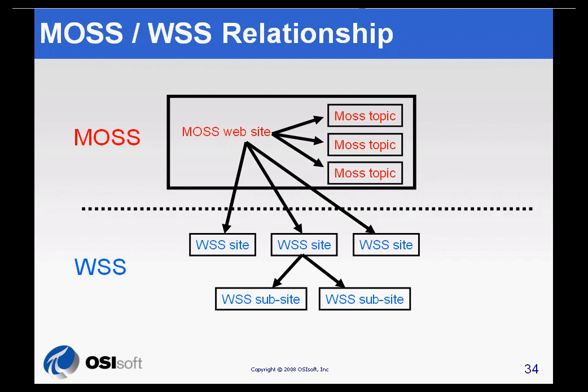Well, so far about the most significant thing I've said about the relationship between Microsoft Office SharePoint Server and Windows SharePoint Services is that Windows SharePoint Services is free and MOSS isn't. But there's a lot more to it than that.